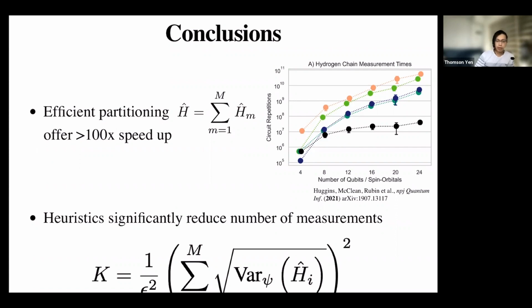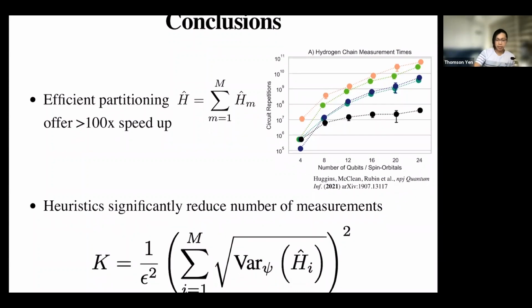So you really want to figure out an efficient partitioning where you have your Hamiltonian as a sum of measurable groups. If you do that well, we see in this graph that compared to the naive green circles, you can have methods almost 100 times or more better.